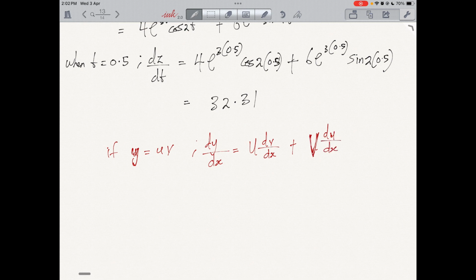In our next video, we'll be considering differentiation of a quotient, such that instead of having y equal to uv, we will have y equal to u divided by v.